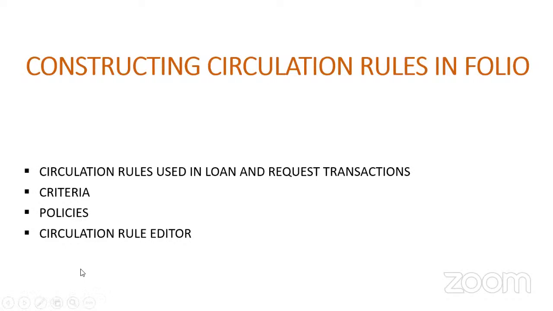So I'm going to give a very quick overview of what goes into circulation rules so that the people who follow can get on with their presentations of real life rules. Circulation rules are used by both loan and request transactions to determine what policies will be applied to a loan or a request. They consist of criteria and policies, and they are entered in the circulation rule editor.